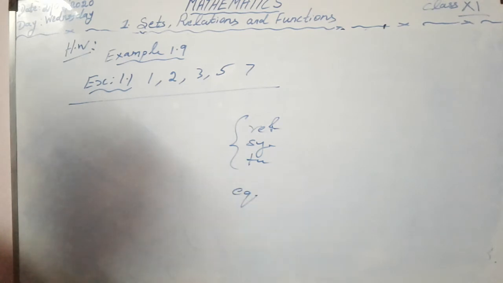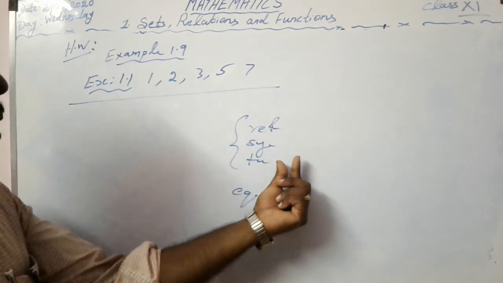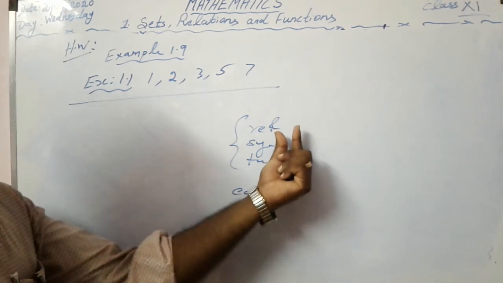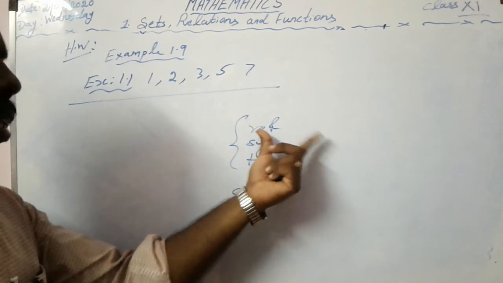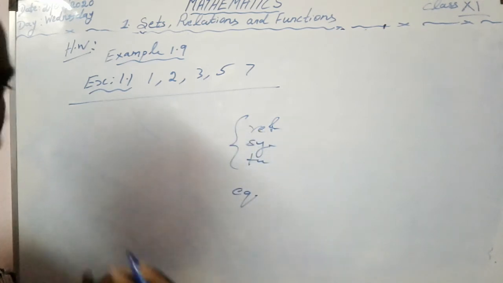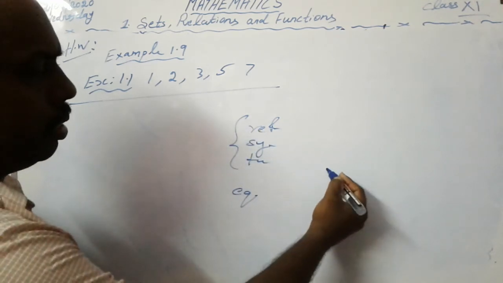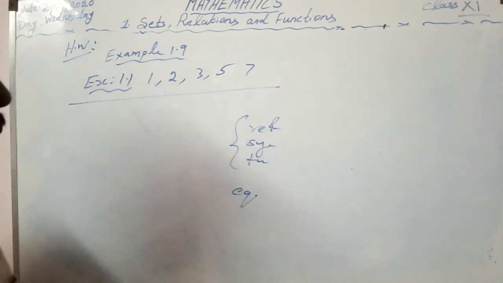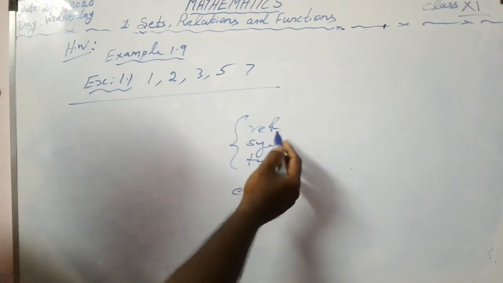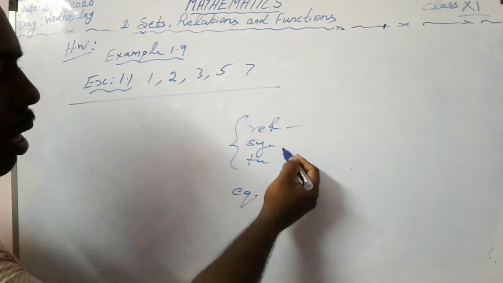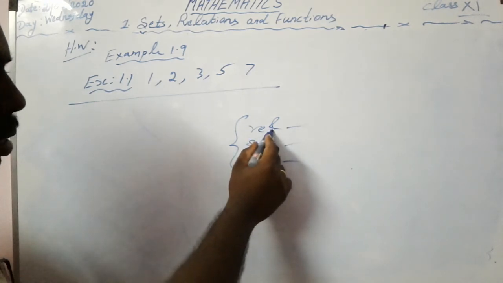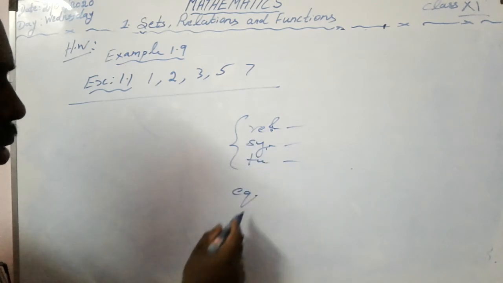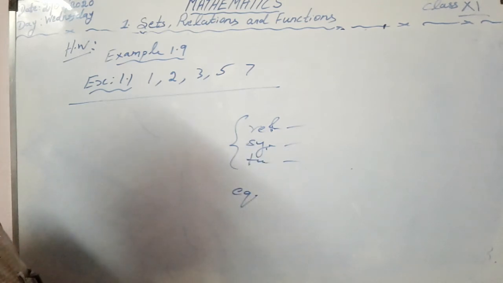So you should study the definitions clearly, then only you can do the problems. If you know the definitions clearly, the problem is nothing. If they ask some problems, you can solve them directly. So dear students, please understand and study reflexive, symmetry, transitive, and what is equivalence. Thank you.